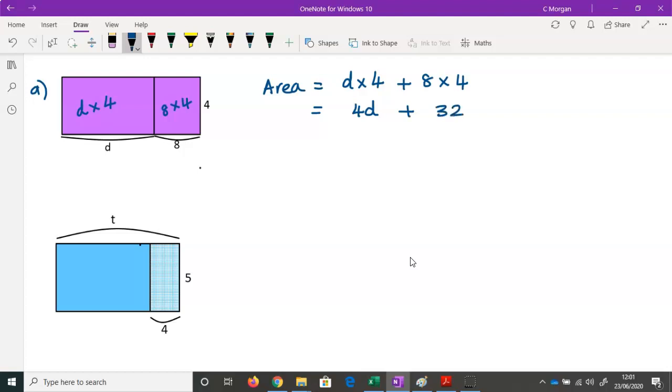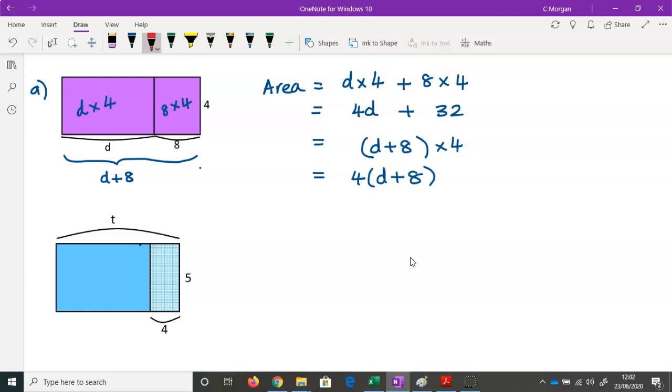But if I was having a look at the entire length of the base, I would see that that's D, add 8. I think that this area is the same as D, add 8 lots of 4, or 4 lots of D, add 8.